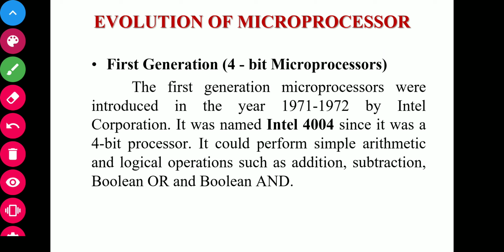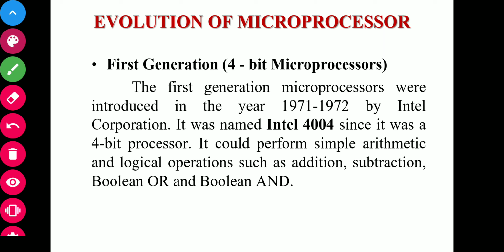So it could perform only simple arithmetic and logical operations such as addition, subtraction, then Boolean OR and Boolean AND operations. Other advanced operations cannot be performed by the 4-bit microprocessor. So the very first generation microprocessor is a 4-bit microprocessor, named Intel 4004.